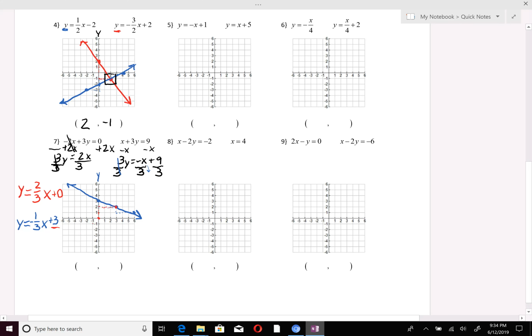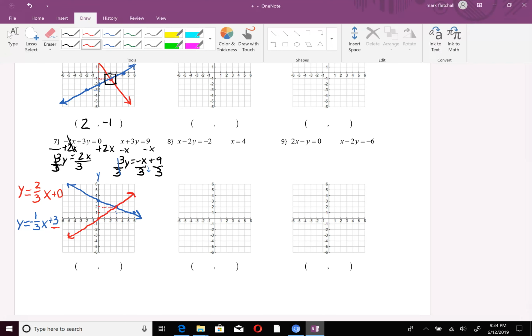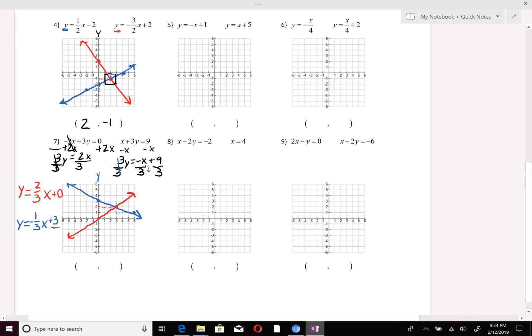And so yet again, with 2 points, I will graph it, and I can see that they overlap at this point here. So how do we tell? We first go to the right, so there's 3, that's our x value, up 2, and that's our y value.